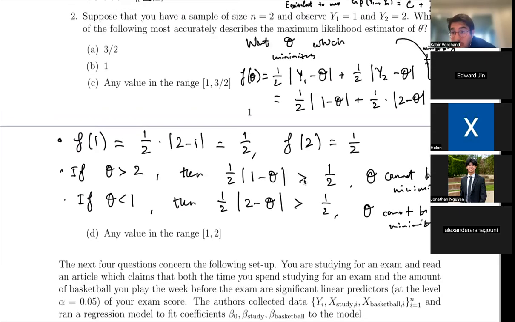Now the question is, what values between 1 and 2 can theta take? So let's just look at this line here. Here's the value 1, here's the value 2. We know theta is somewhere between these. This quantity here is the absolute value of 1 minus theta, and this quantity here is the absolute value of 2 minus theta.